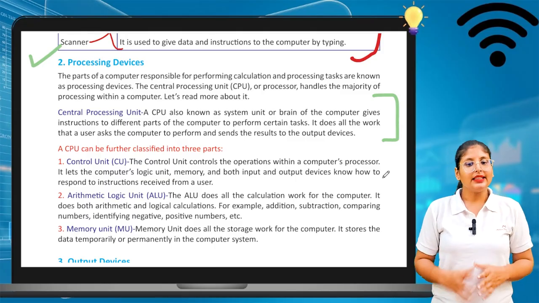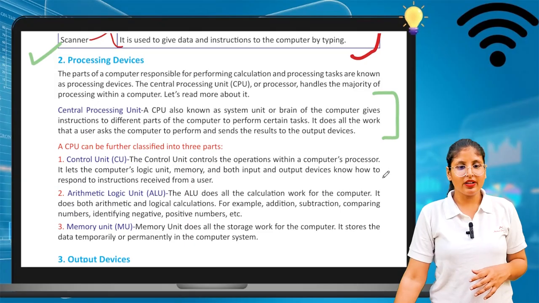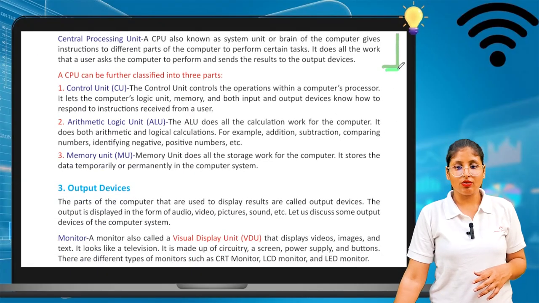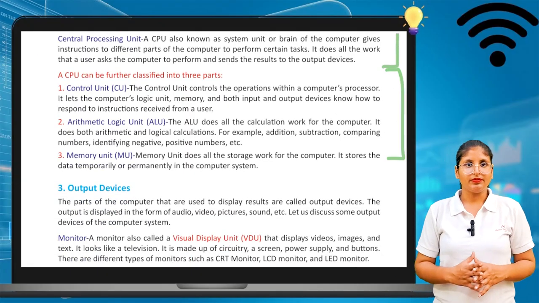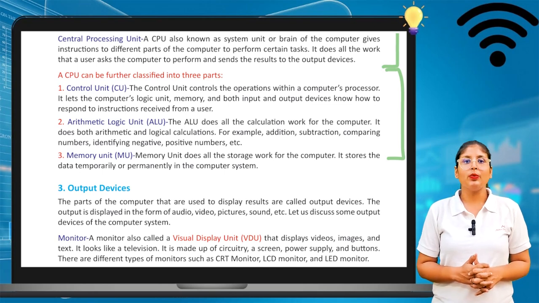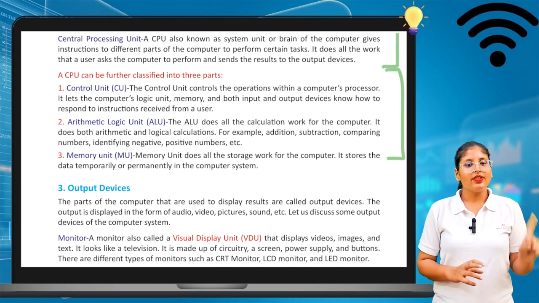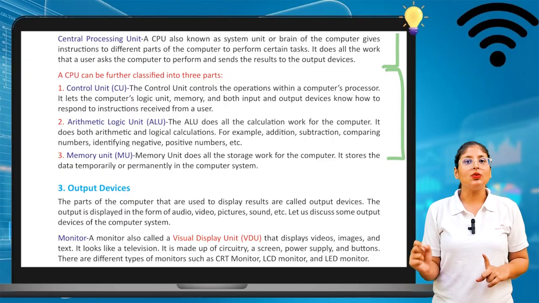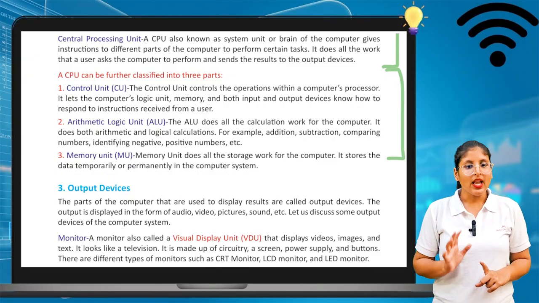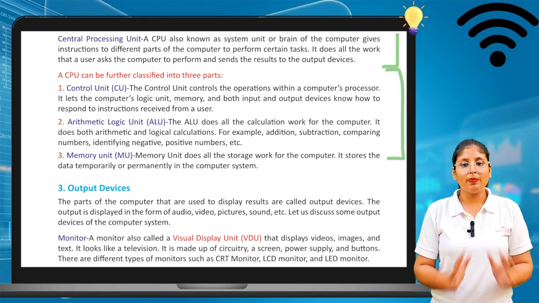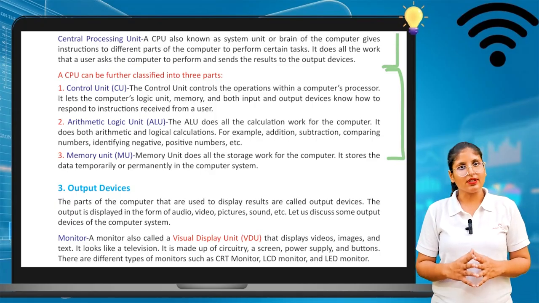Now we will see that a CPU is further classified into 3 parts. Let's see one by one what these 3 parts are. First is the control unit, that is CU. The control unit controls the operations within a computer processor.